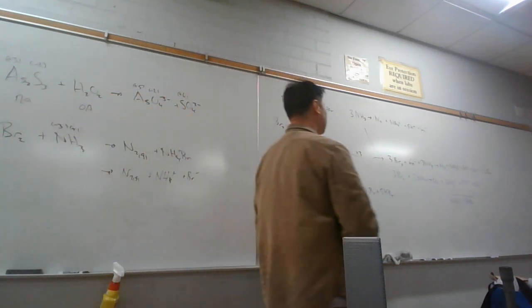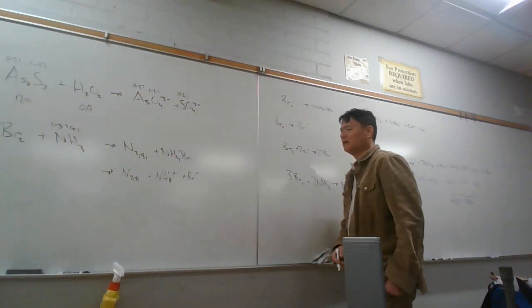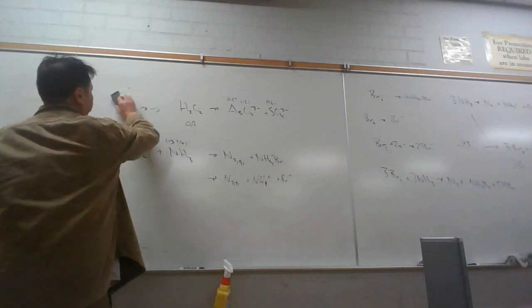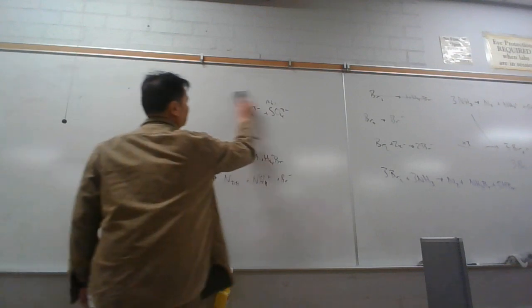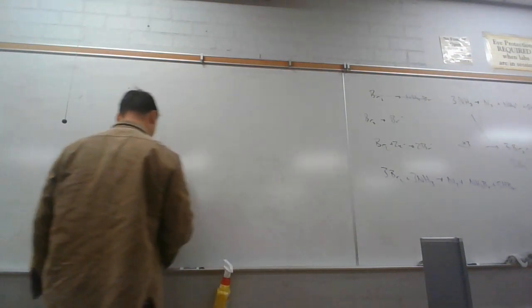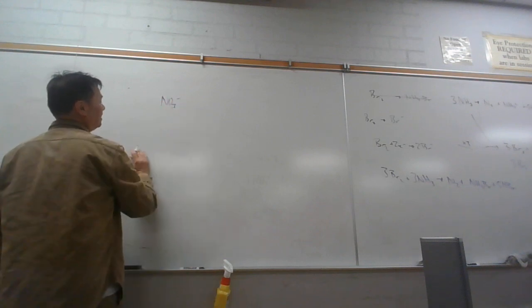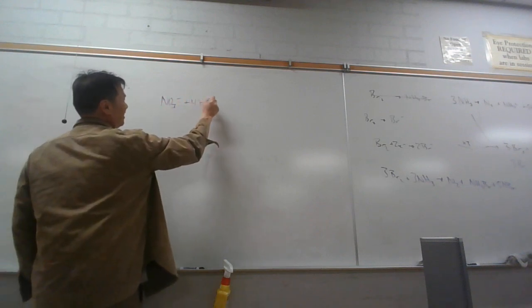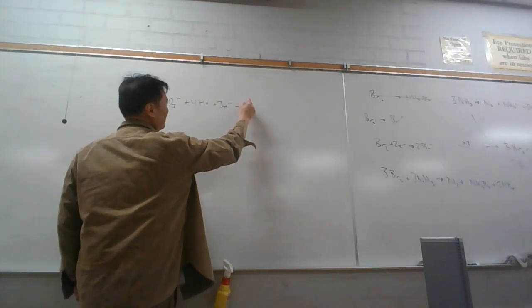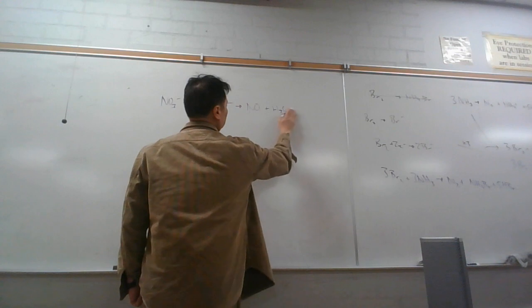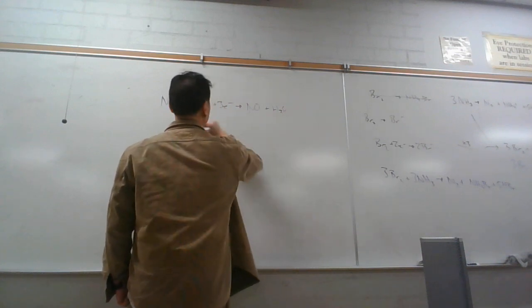Sometimes on other ones, like when we're dealing with nitric acid, the half reaction for nitric acid is like this. It's going to be nitrate plus 4 H plus plus 3 electrons yields NO plus 2 H2O.